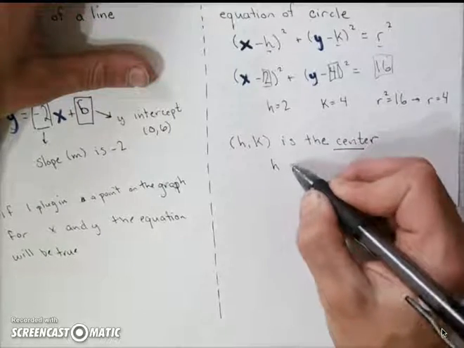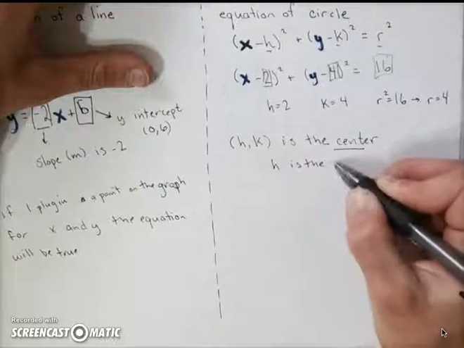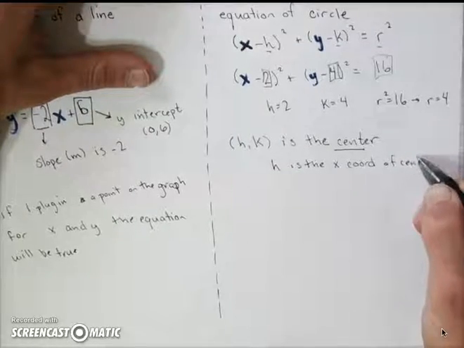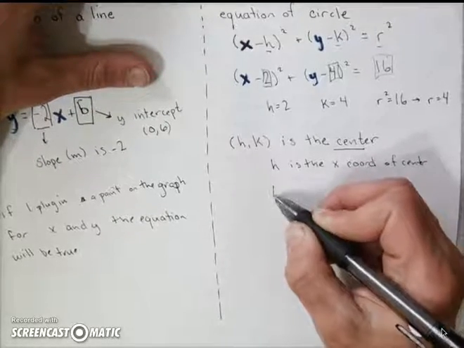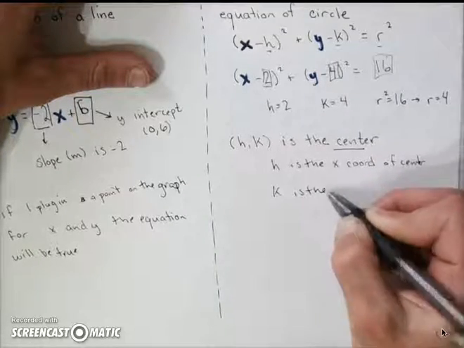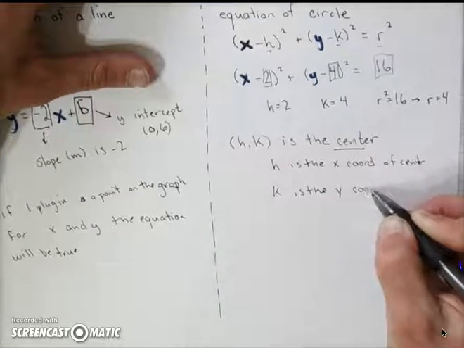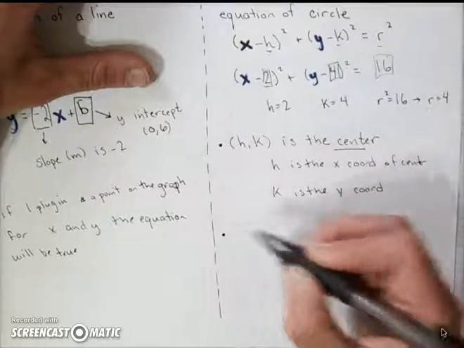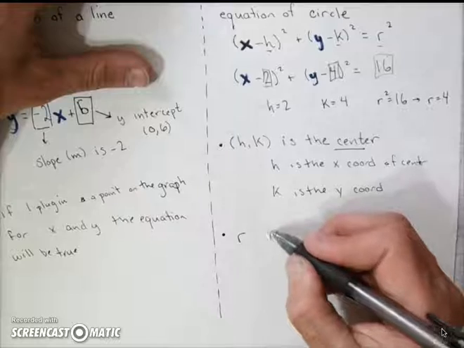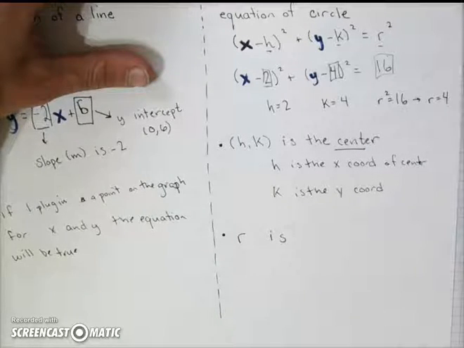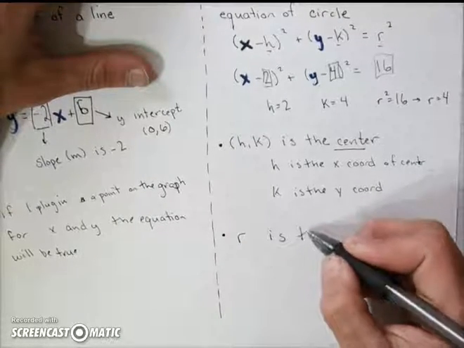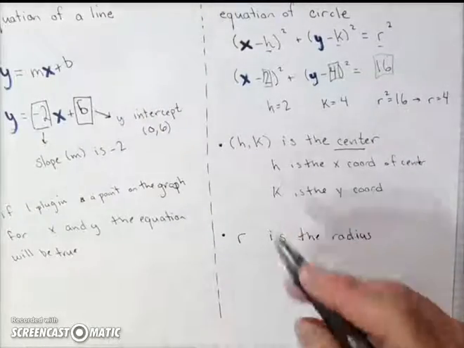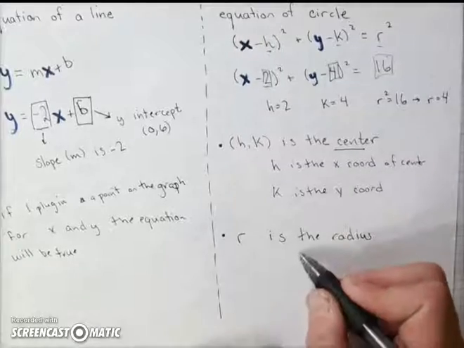That says h is the x-coordinate of the center, and k is the y-coordinate of the center. So that's the first bit. The second bit is r is the radius of the circle. So now I have a lot of geometric information.